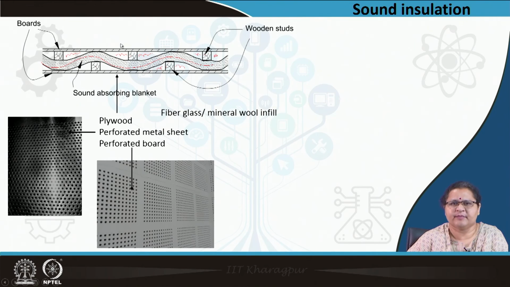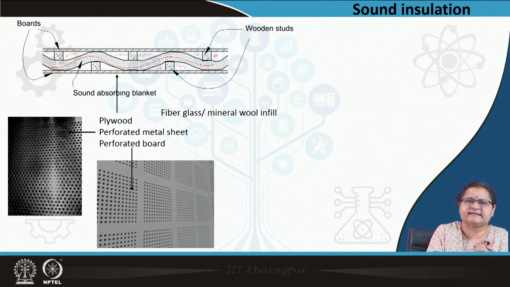On the other side it may be the wall or again a board or a lining or the finishing layer. It may be a separating wall between two classrooms also, so that sound from one side does not move to the other side.